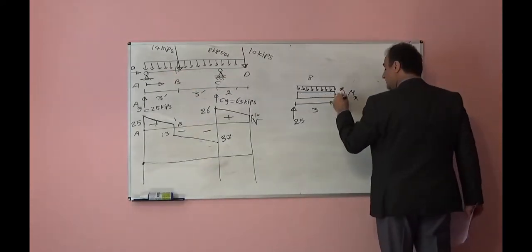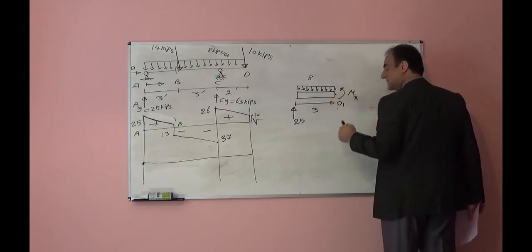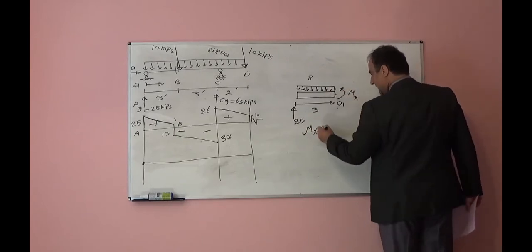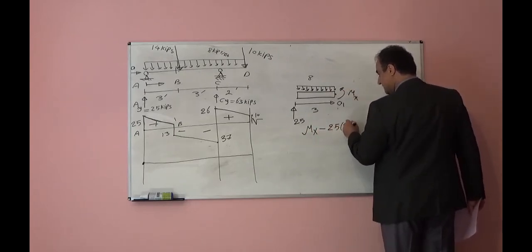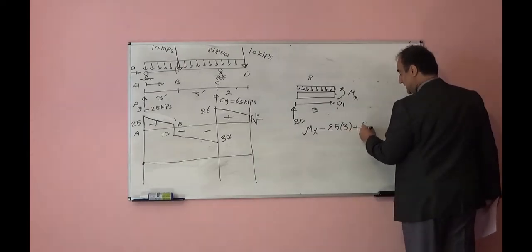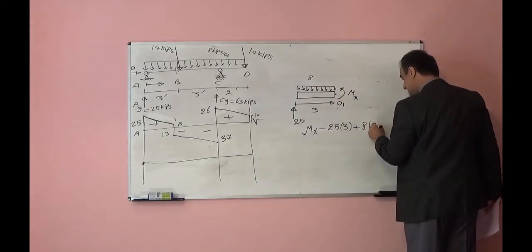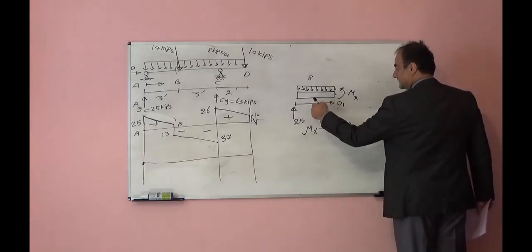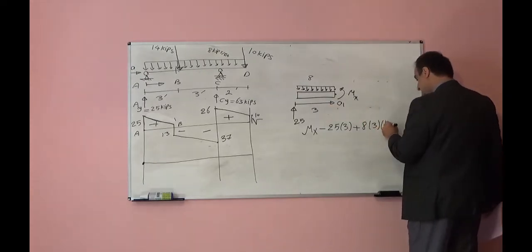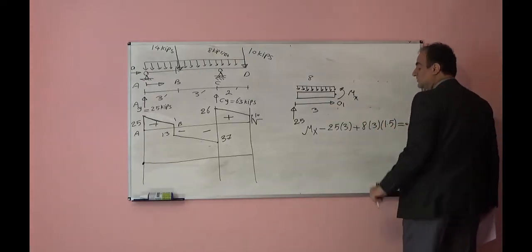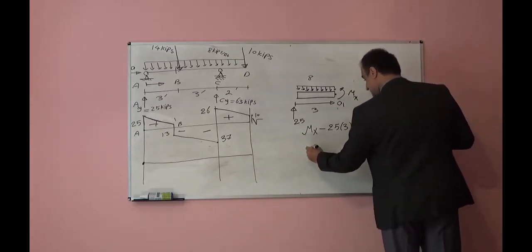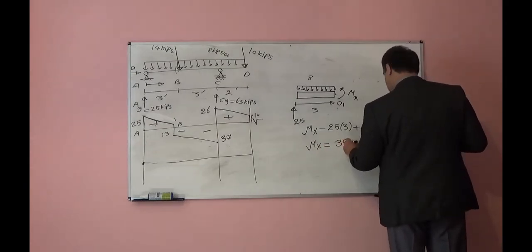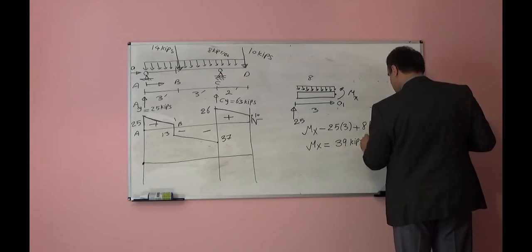If I take moment with respect to point O1, always we take moment with respect to the cut point, I will have Mx minus 25 times 3 plus 8 times 3 times half of 3, the resultant force location to point O1, which is 1.5, is equal to 0. From there, Mx will be equal to 13.9 kip-feet.